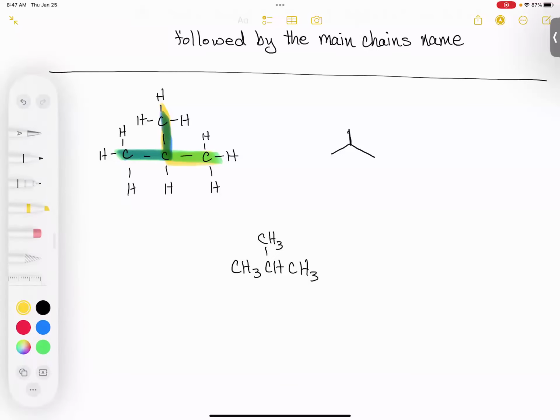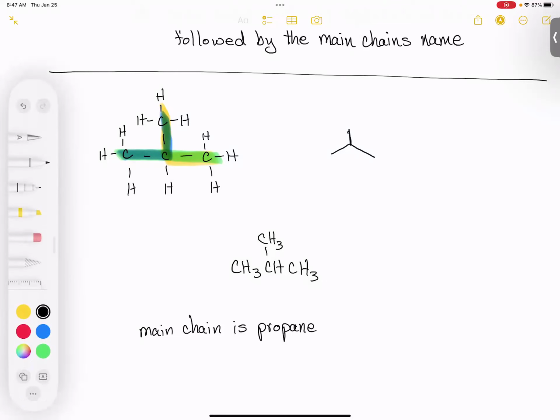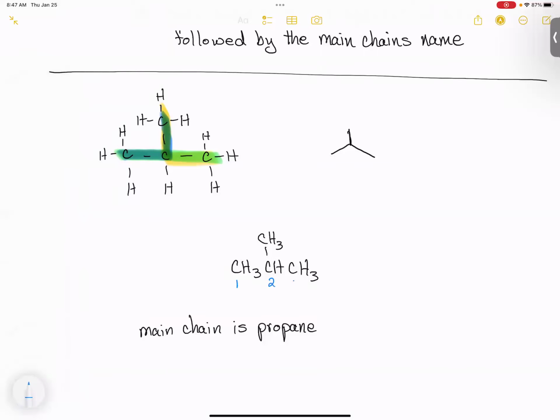So this is going to have the main chain propane. The next thing is to number the carbons so that the substituent is on the lowest number. So I can number it 1, 2, 3, or it could have been numbered the other way.